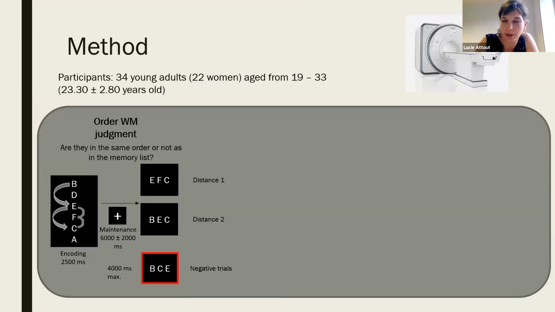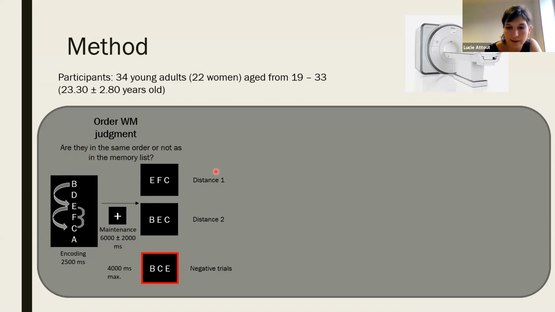So to explore this question, we assessed 4 different tasks in a 3T scanner in a group of young healthy adults. And first, to assess the ordinal processing in working memory, we used an usual order working memory judgment task where after the presentation of a 6-letter list to memorize and a variable delay, the participant had to judge if 3 letters were in the same order or not as in the memory list.